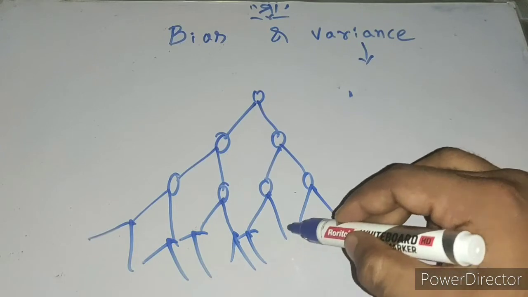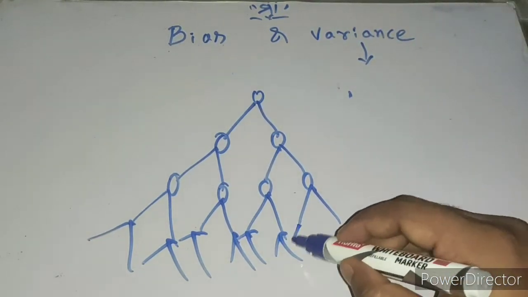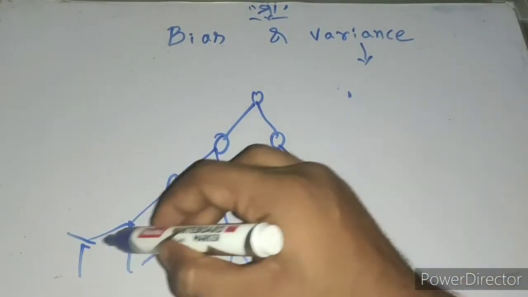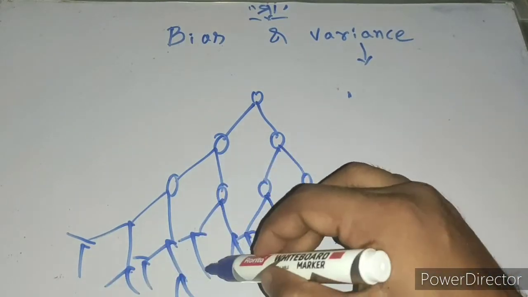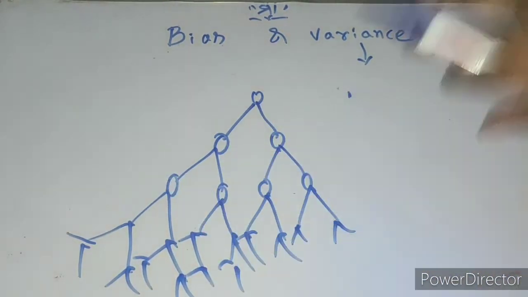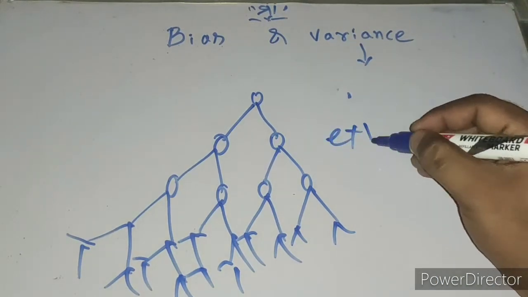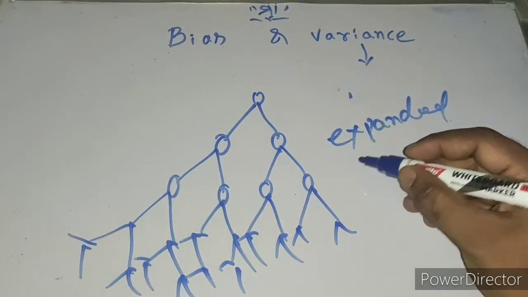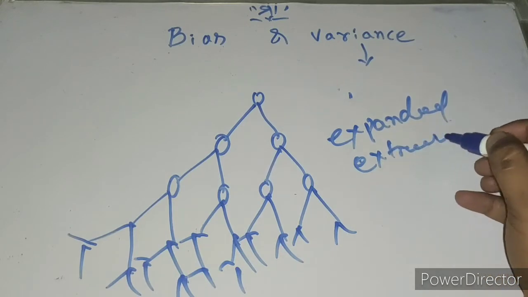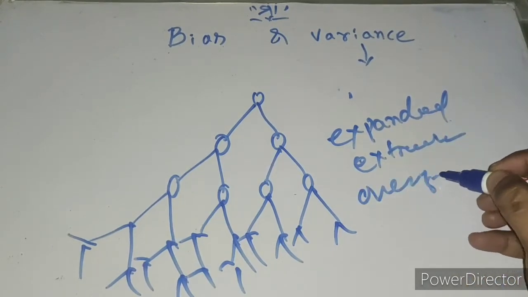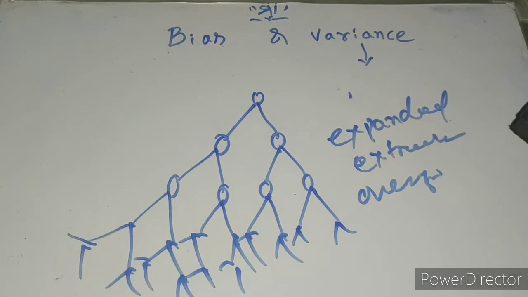Sometimes it fits exactly, and this extreme fitting is known as overfitting. When it is expanded extremely, it is known as overfitting. So a decision tree model which is expanded extremely turns into low bias and high variance, as I have told earlier.